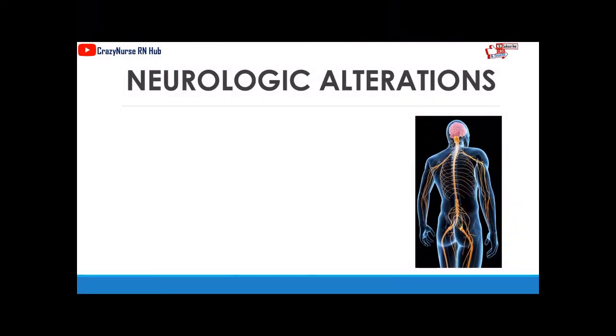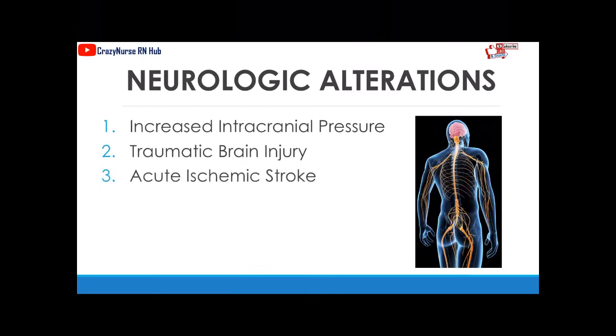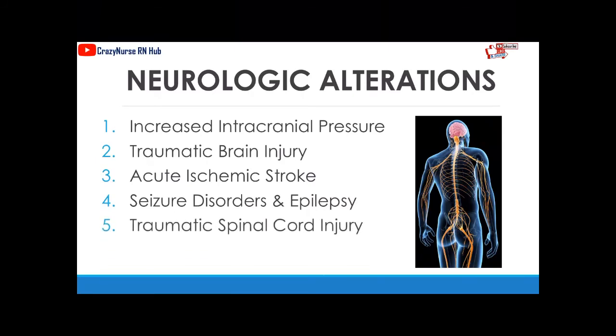Now let's proceed to the neurologic alterations. So we have here increased intracranial pressure. We also have traumatic brain injury, acute ischemic stroke. We also have your seizure disorders and epilepsy. And lastly, we have your traumatic spinal cord injury.